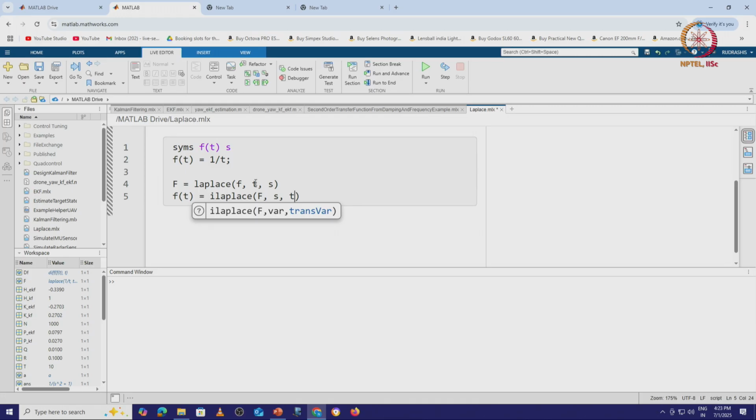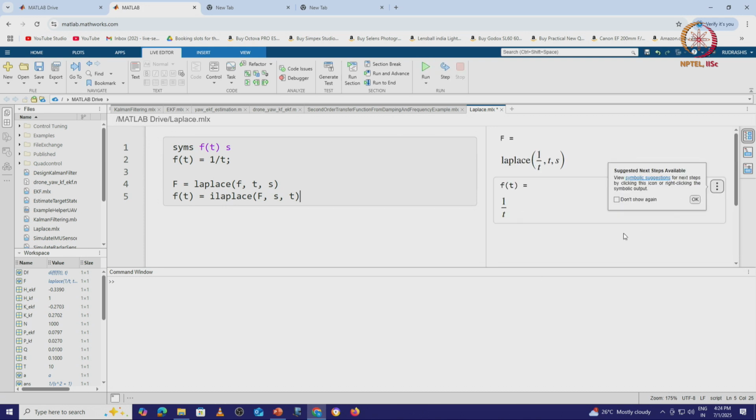When we write t comma s, it is a Laplace transform from time domain to s domain. During inverse Laplace, what we write is s comma t. That means from s domain we are now transforming it back to the time domain. If we do that, then how will it come? See, we were not able to specify what F of s is, that's why it was writing Laplace of 1 by t, but when we do the inverse Laplace, then conveniently it gives back 1 by t.